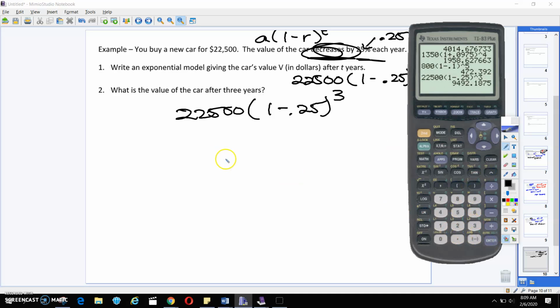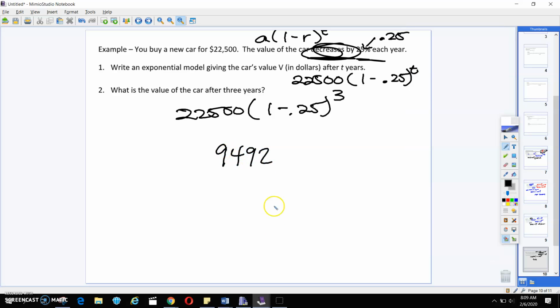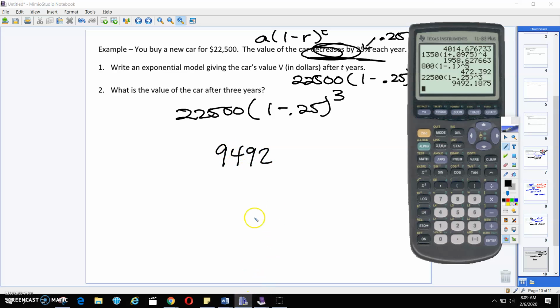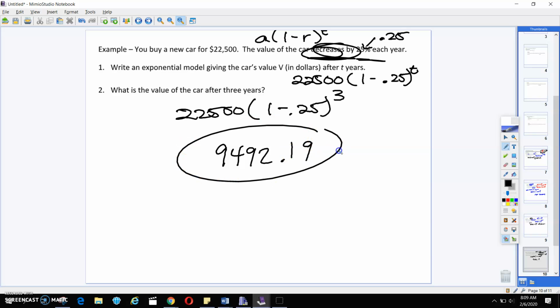What do I get? $9,492.19. So that really sucks, y'all. $22,500 and then in 3 years, it's only worth $9,000. That makes my heart hurt just a little. Okay?